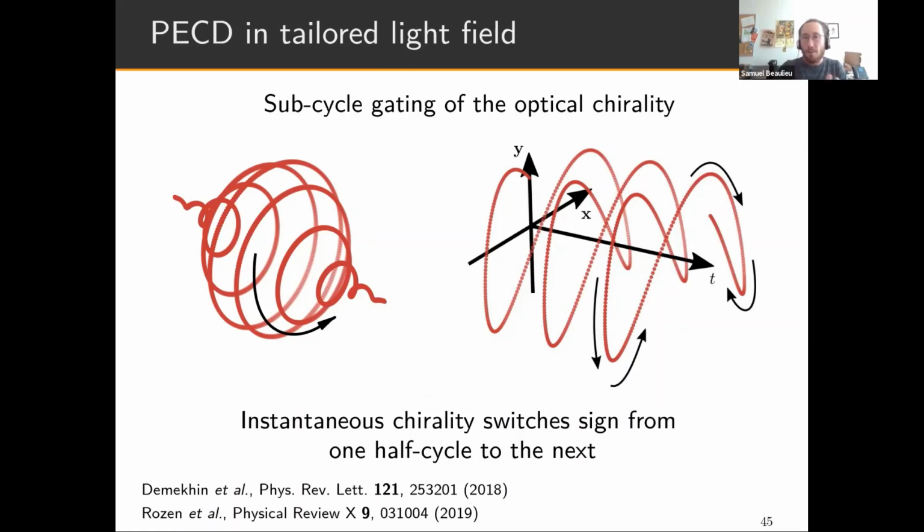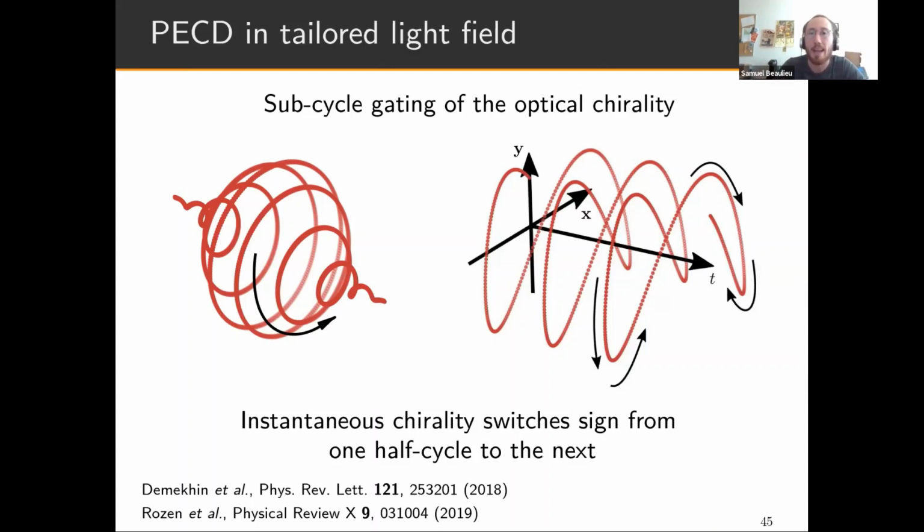So for example, one very interesting field shape that one can generate is the one seen on your right, which you can synthesize using an omega field and its orthogonally polarized second harmonic. So omega linear like this, 2 omega like this, and the synthesized field looks like the one on your right.